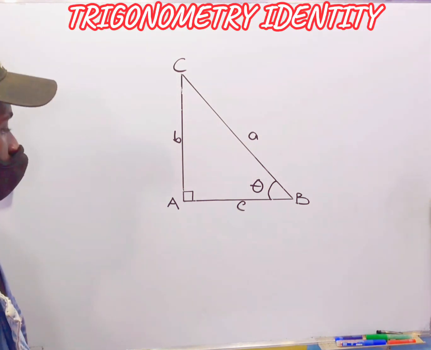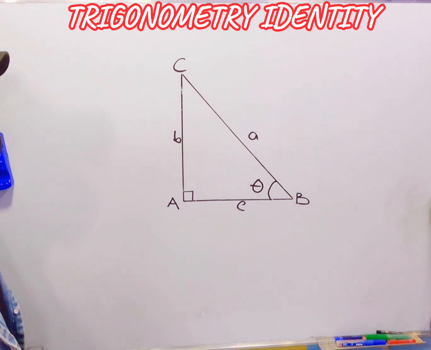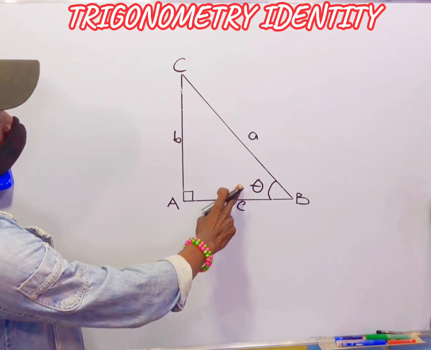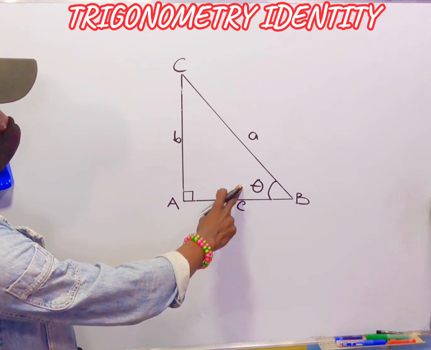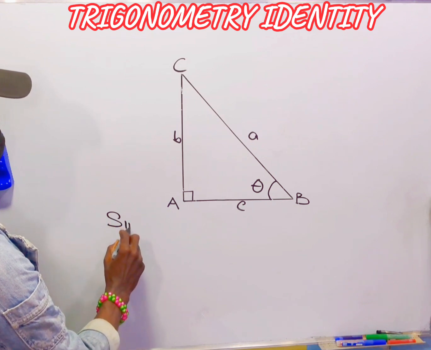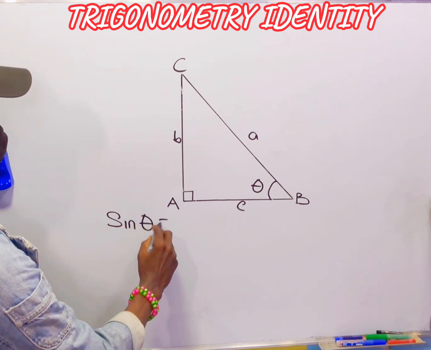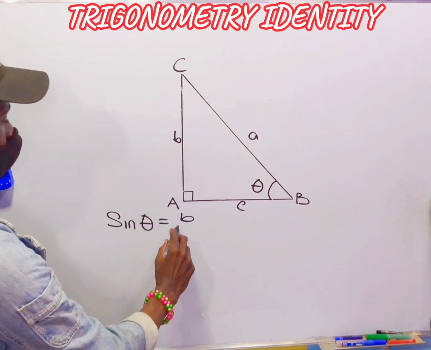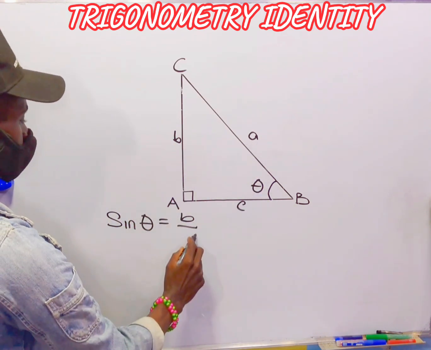Let's discuss some trigonometry identities. Consider the diagram here with reference to theta. We said sine theta is equal to opposite of theta over hypotenuse.